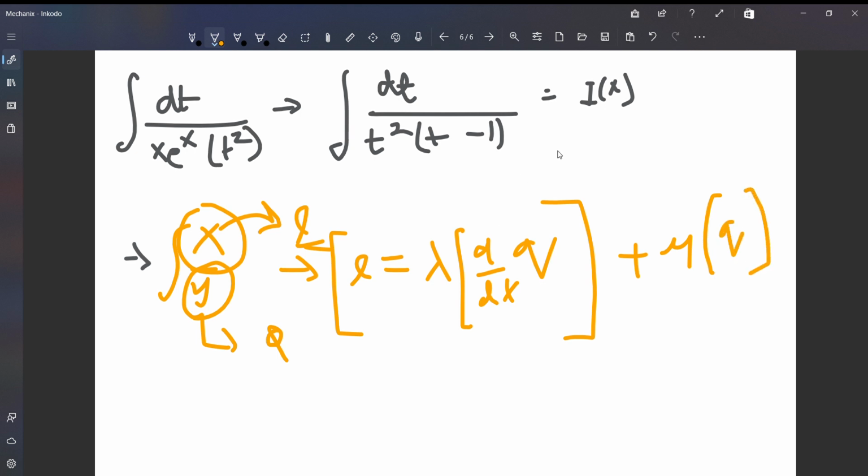But this does not work here, because there is no linear term, and rather the numerator is actually a constant. So as this rule won't work here, we're going to slightly alter our traditional approach.